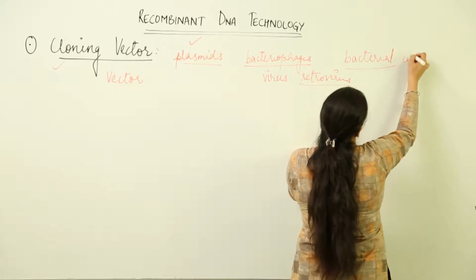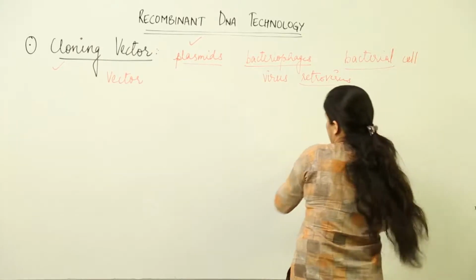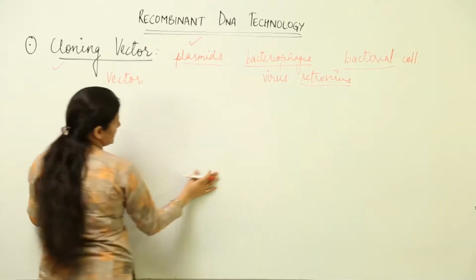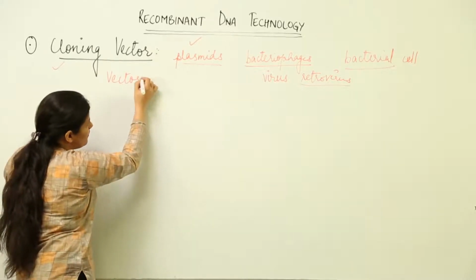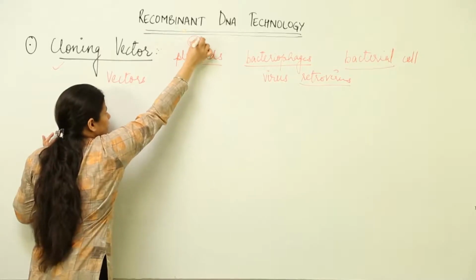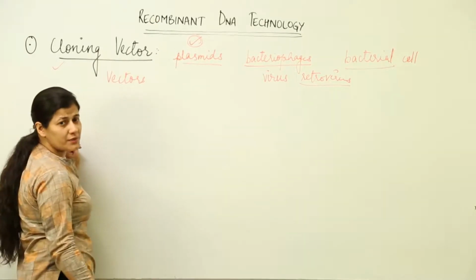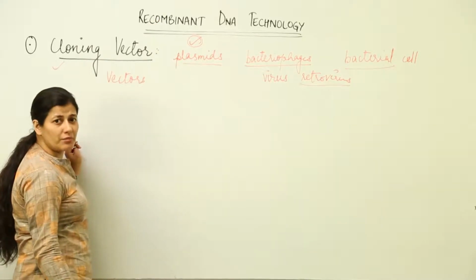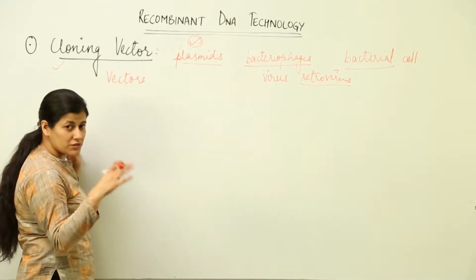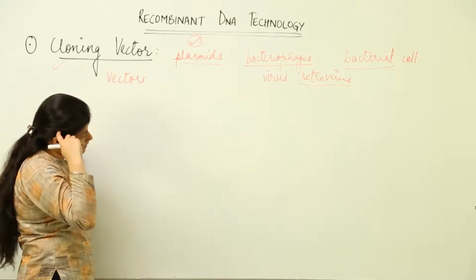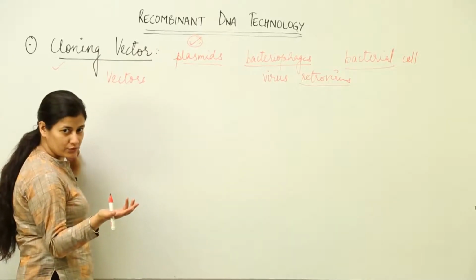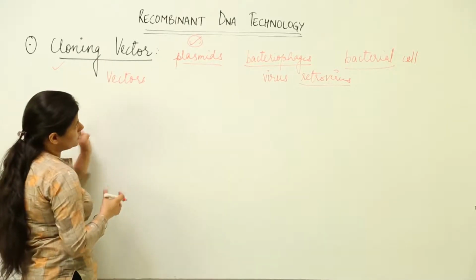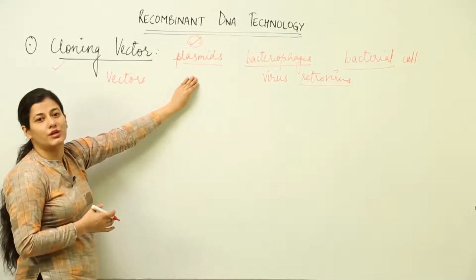We talk about the host as the next tool, so we'll have a next lesson dedicated to that, but for now we have vectors. The most suitable vector is the plasmid. As we had talked about, the first recombinant DNA molecule that was artificially made by Stanley Cohen, he had studied in depth about plasmids. So we are going to take the plasmid as the cloning vector.